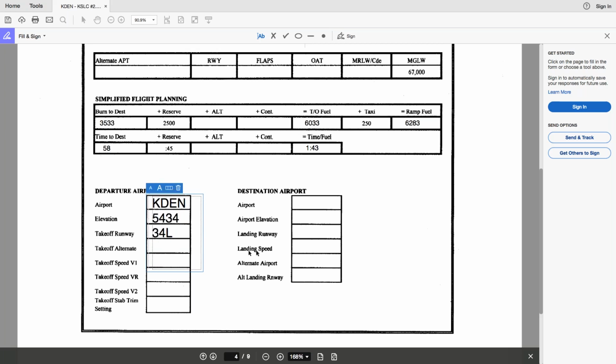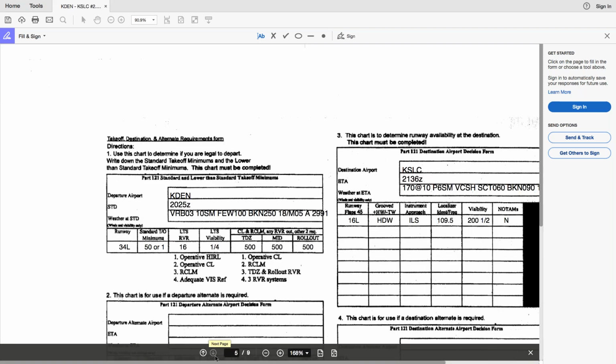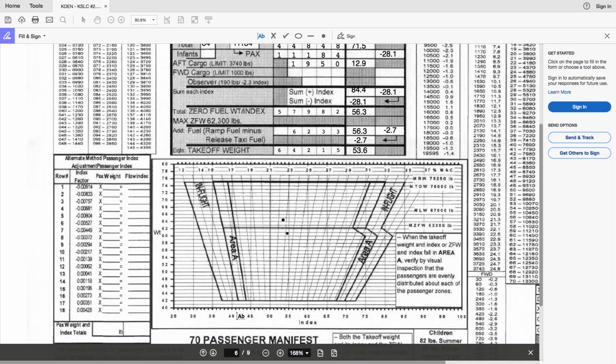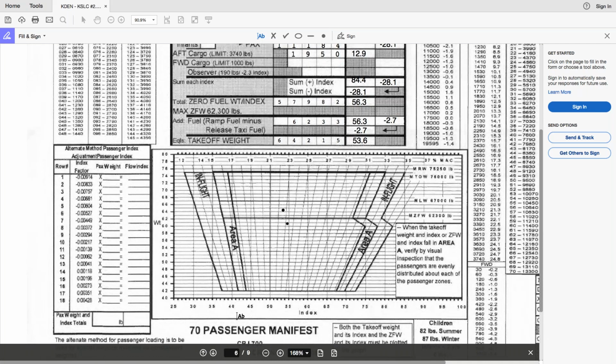Okay, how do we figure out our V1 speed again? Our V1, VR, V2? Speed cards. These speed cards. Okay. What do we got to look at first? Weight and balance chart. Okay, and we've got to find what on our weight and balance chart? Takeoff weight. Okay, our takeoff weight, what else?